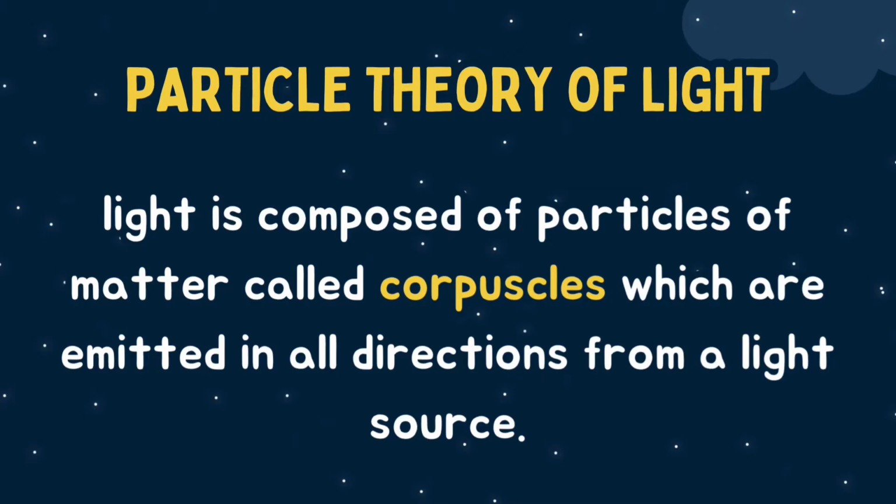Newton assumed that these corpuscles travel in a straight line at high speed. These corpuscles differ in size and color, and form an image of an object when they enter the eyes. Here is a short clip that may help you to better understand Newton's corpuscle theory of light.